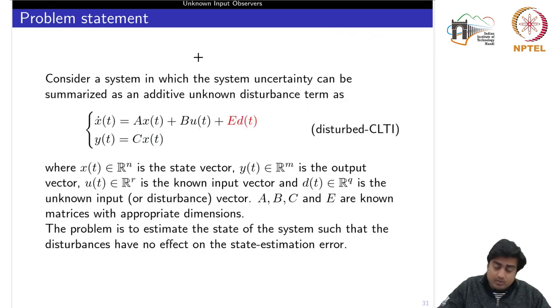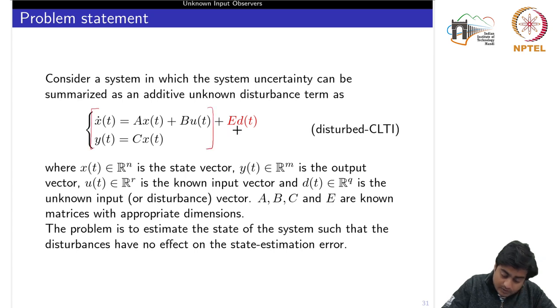So, defining the problem statement concretely. This part we have already seen, without this additional disturbance term. Now we would be considering a system which we are calling the disturbed continuous time LTI system, with A, B, C as the matrices and E as the distribution matrix of the disturbance.